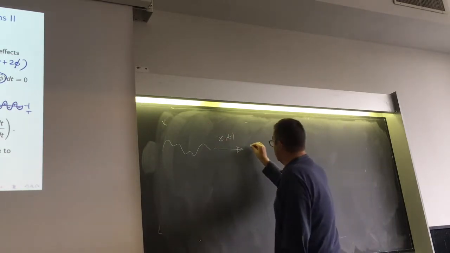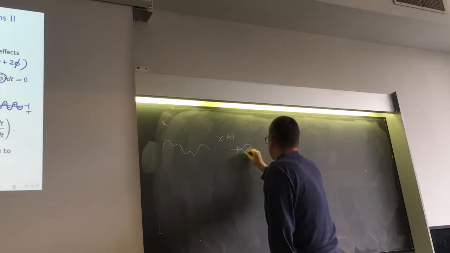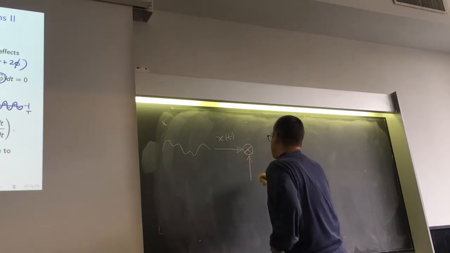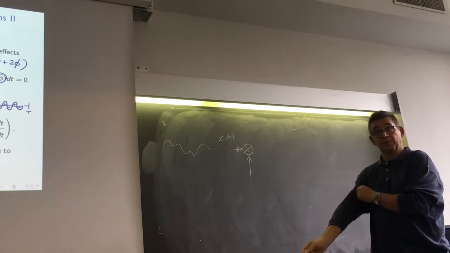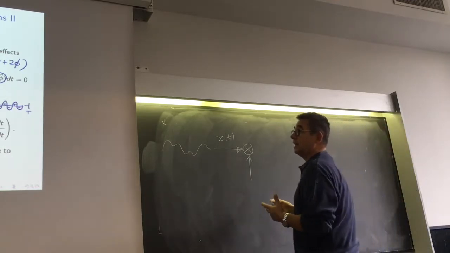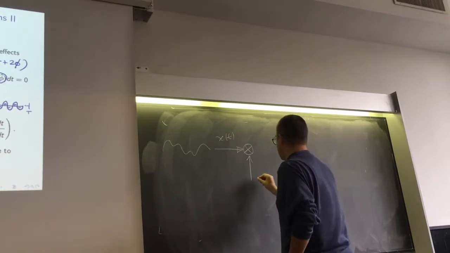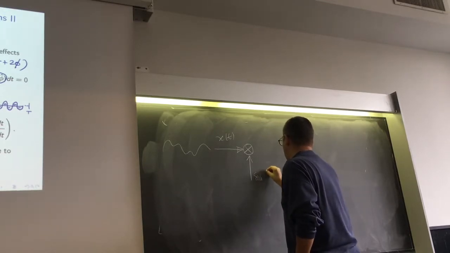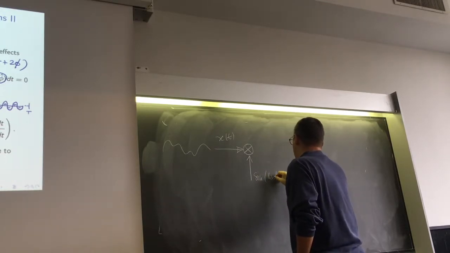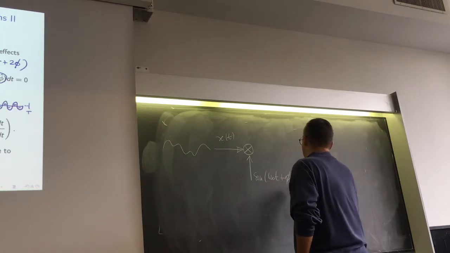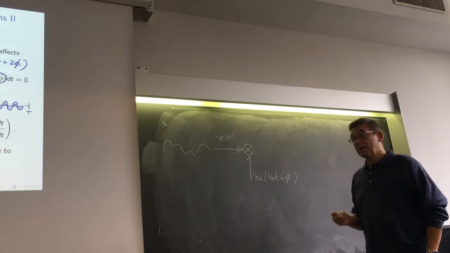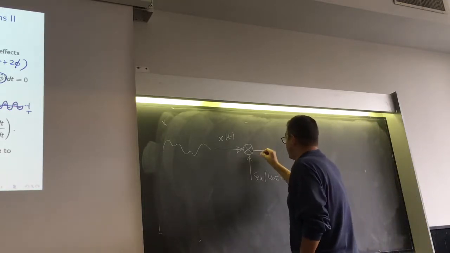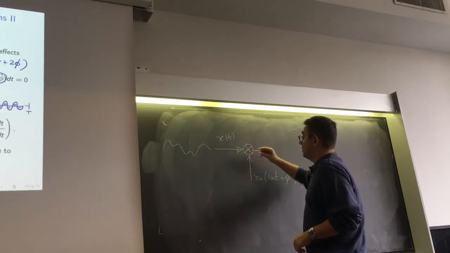So what I need to do is take another signal which is locally controlled. I control it. This signal is a sinusoid, sine omega 0 t plus phi. Now this phase is changing. How to compute the correlation between these two?